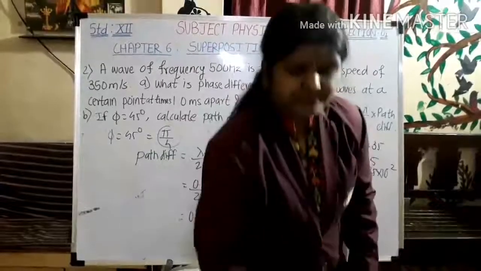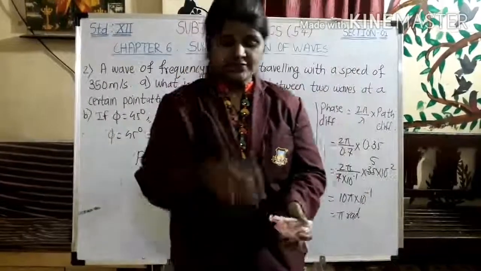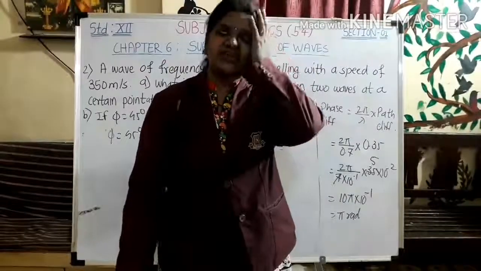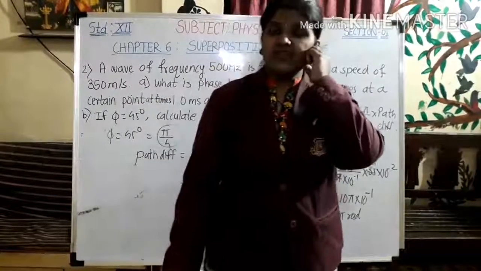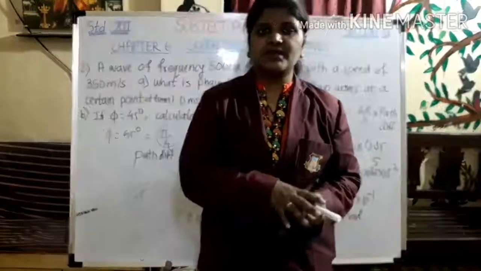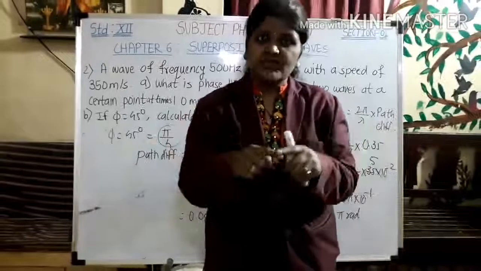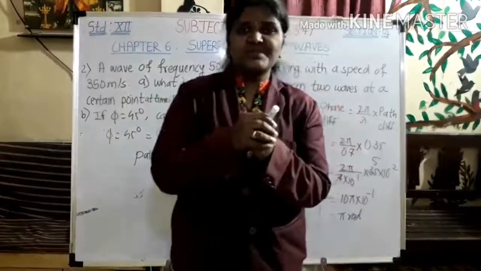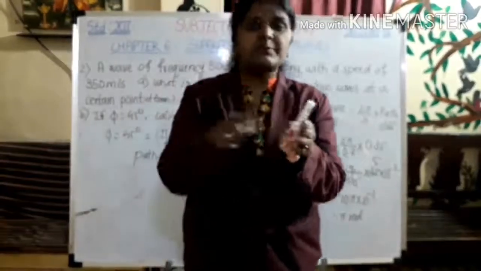In this numerical, it is related very much to the theory part, not exactly the numerical part. As they have given, they are out of phase. We have studied in the last part that when two waves interfere or superimpose, when they are out of phase, at the center the path difference becomes 0.